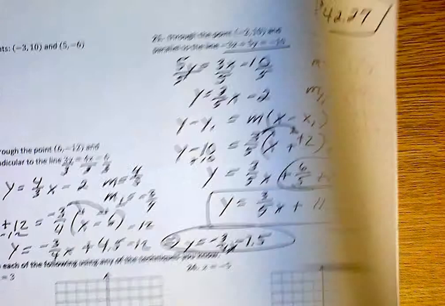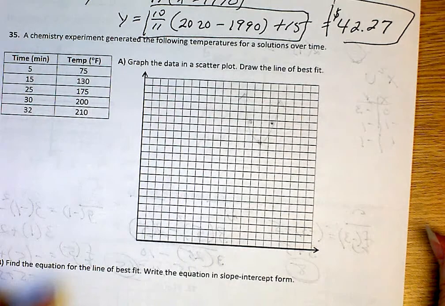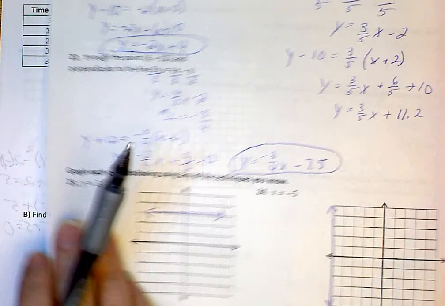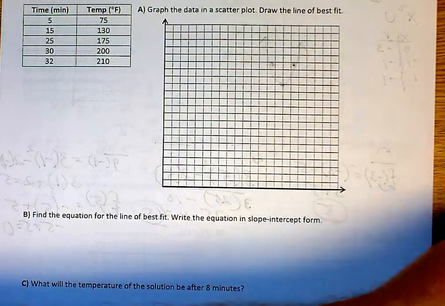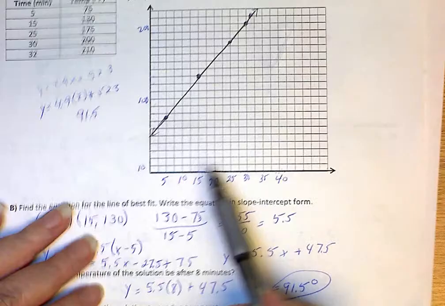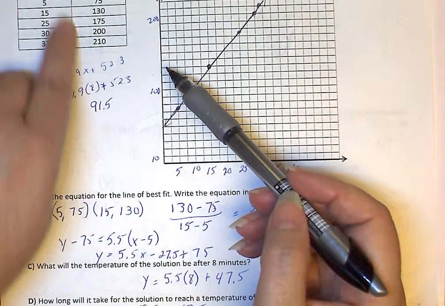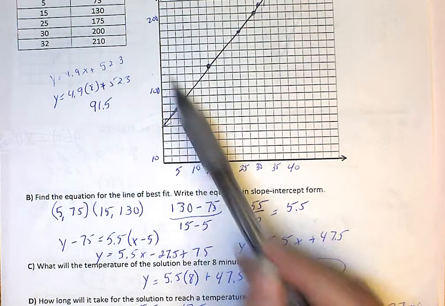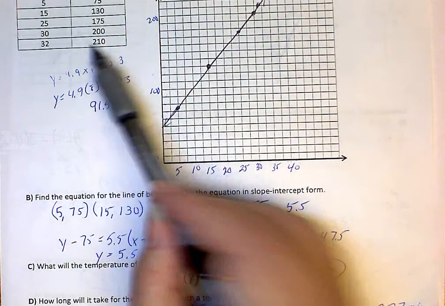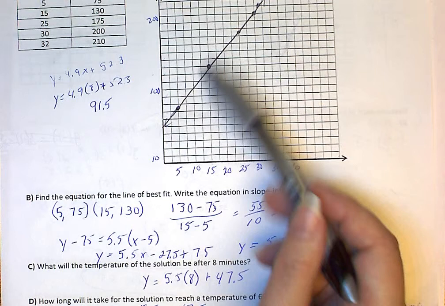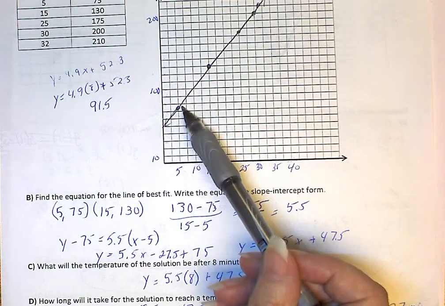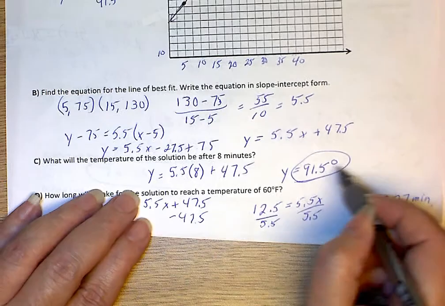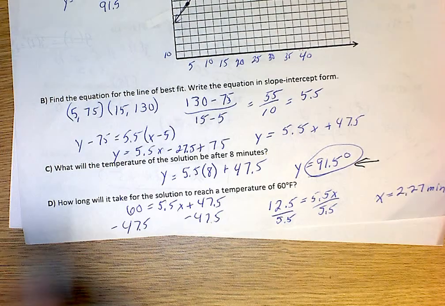On 35, the biggest thing is when you plotted your points, as long as you use these ones, and I'm going to show you how the computer does it in a second, if you use these points and you do the best of your ability, you can use any of them that are the closest or on the line. And when you predict it, you should have got really close to 91.5.